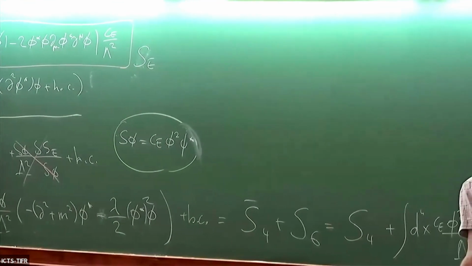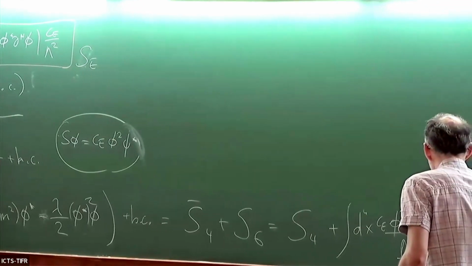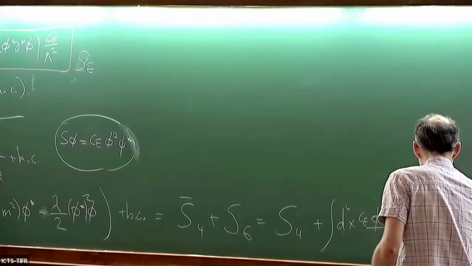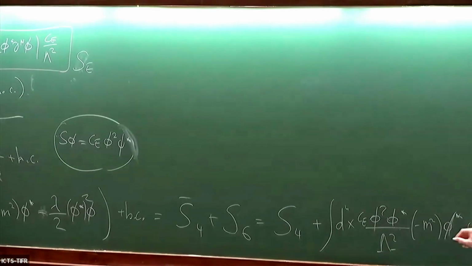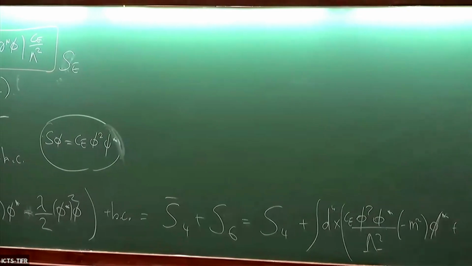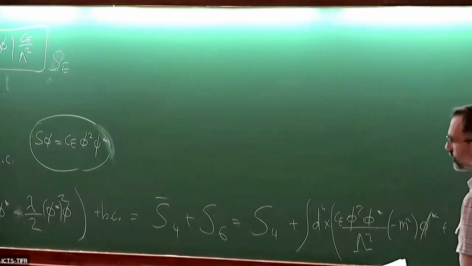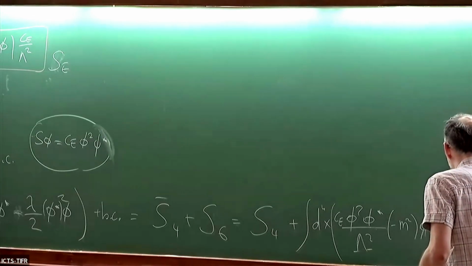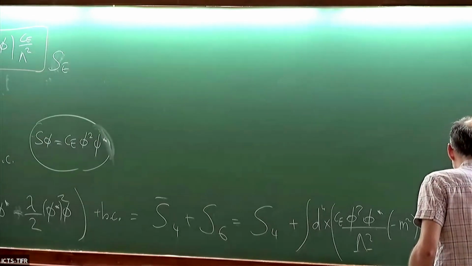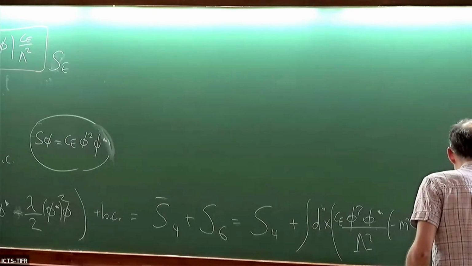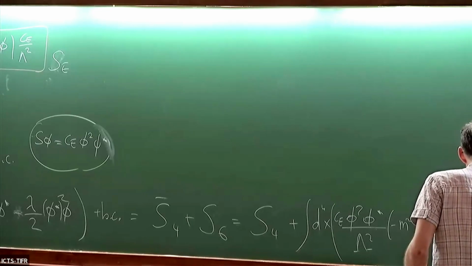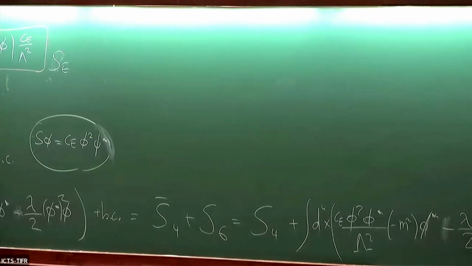The mass term is going to show up here, minus m squared phi star. And then the second one is minus lambda halves CE lambda squared, and those 6 powers of the field, or 3 of phi and 3 of phi star, plus Hermitian conjugate.